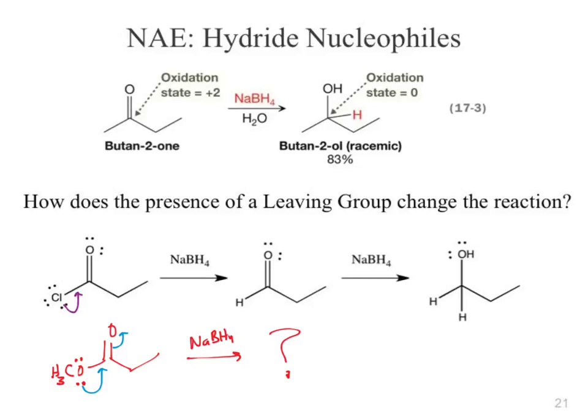How many bonds do your halogens have? One. How many bonds can oxygen have? Really? Only two? Oxygen? H3O plus? 3 bonds? Yeah? Oh yeah? Okay. Oxygen, in this case, when it shares its electrons in, would have how many bonds? 3.